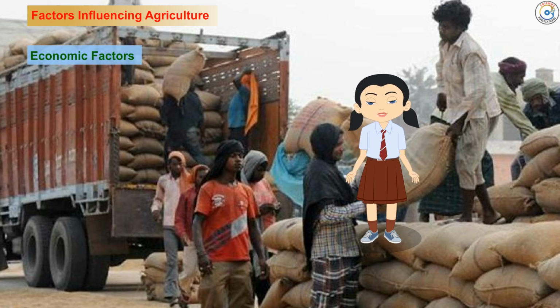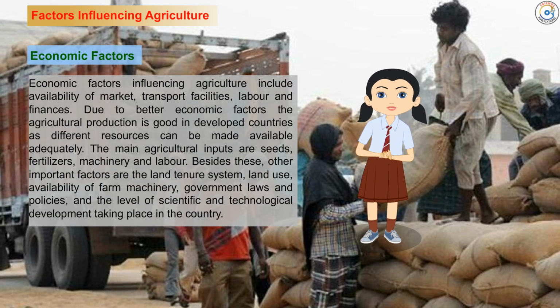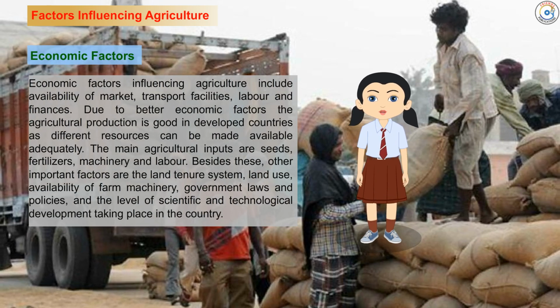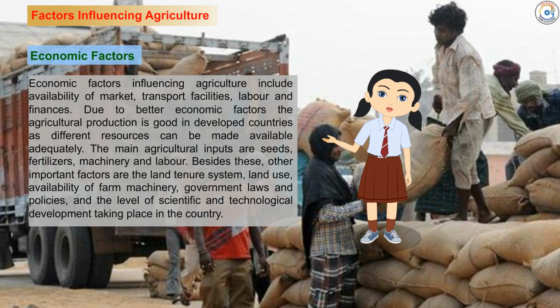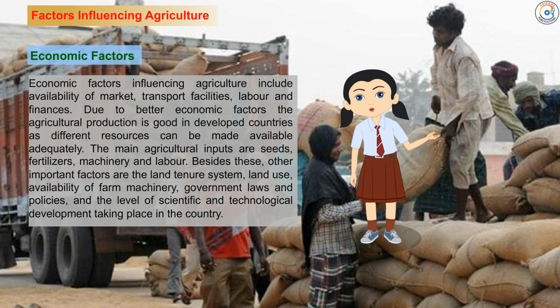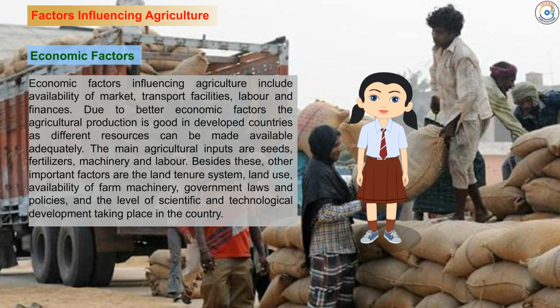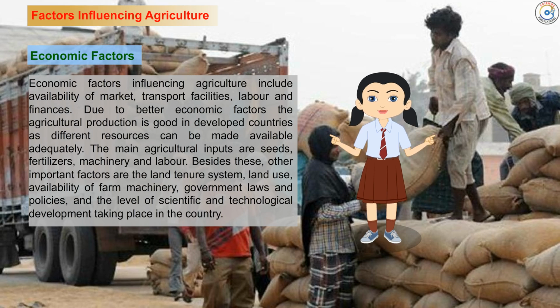Economic factors. Economic factors influencing agriculture include availability of market, transport facilities, labor and finances. Due to better economic factors, the agricultural production is good in developed countries as different resources can be made available adequately.